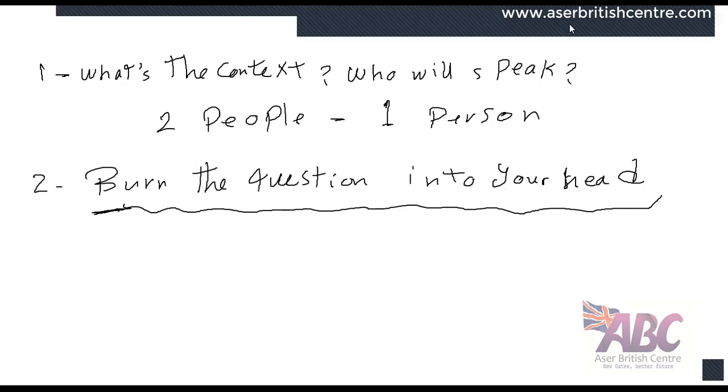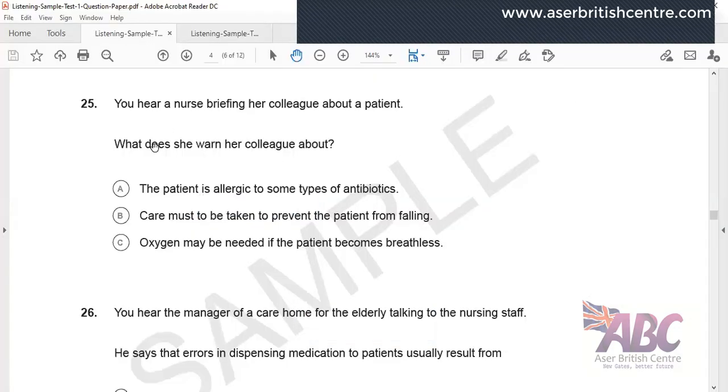Let's get back to this example again. So, when reading this one in the 30 seconds before listening, you will hear a nurse briefing her colleague about a patient. So, now this is a context. A nurse, colleague, about a patient. They are talking about the patient.